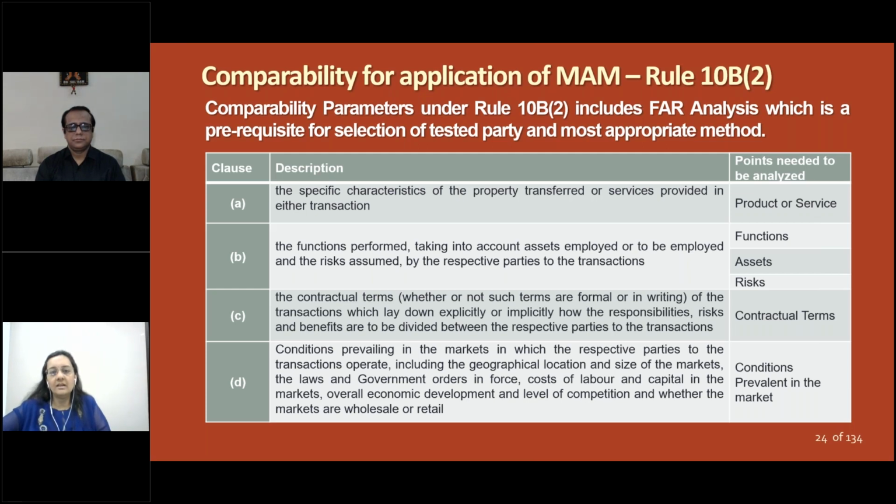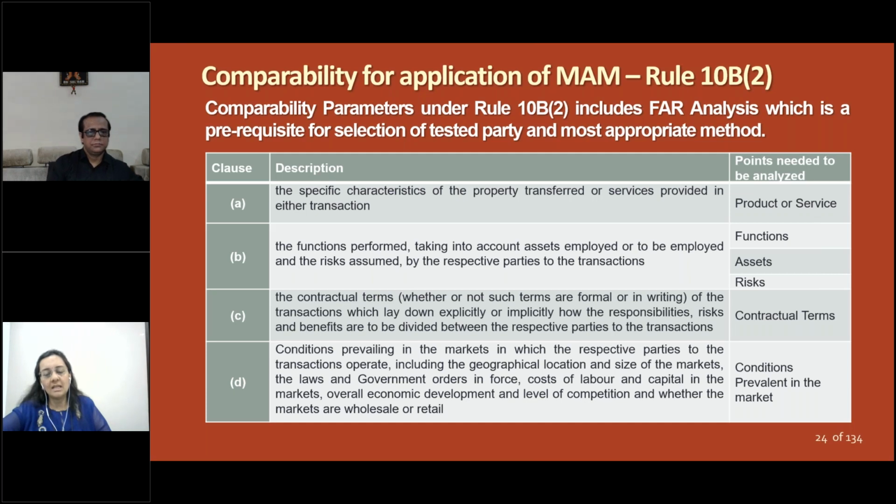The second criterion is the FAR analysis, which is function, asset, and risk, which means that if the tested party is a manufacturer, I must find comparables that are also manufacturers. If the tested party has no assets or has a low asset base and is a trader, then I must compare it to traders with low asset bases.